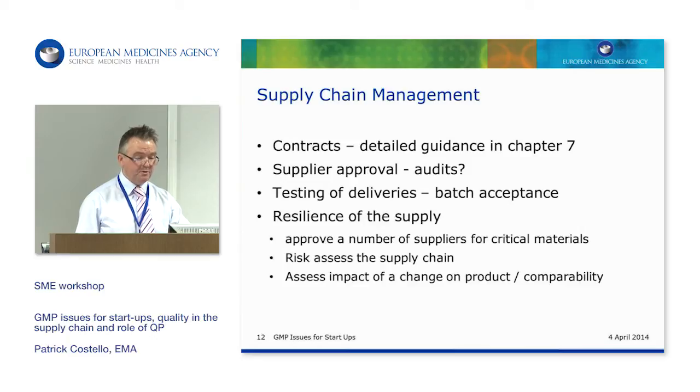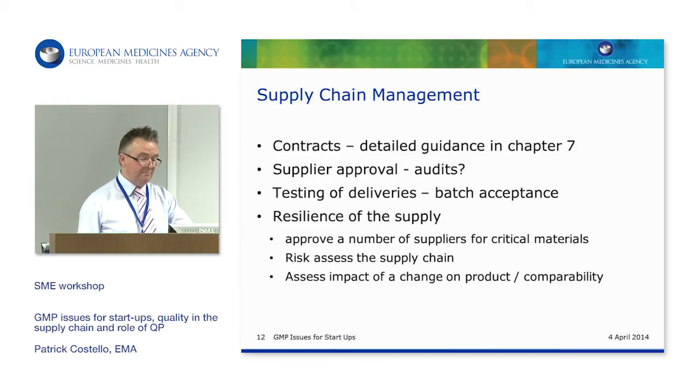For small, medium enterprises, maybe one of the things to assess is the resilience of the supply. If you're dealing with other small organizations or smaller manufacturers, their ability to continue to provide you with the critical reagents and materials that you're purchasing from them, if they go out of business and you're looking for another supplier when you're fairly advanced in your clinical trial or your IMP submission, then that can have major impacts on the process of getting the authorization.